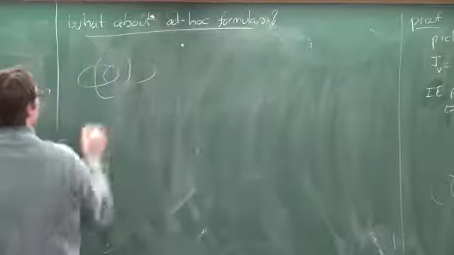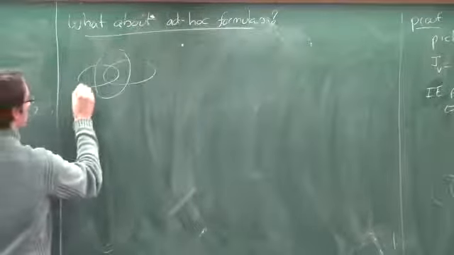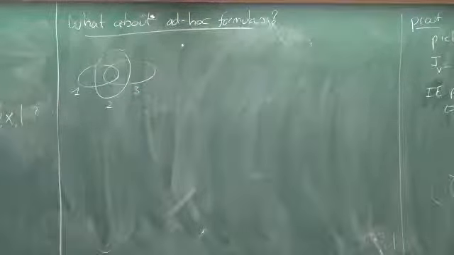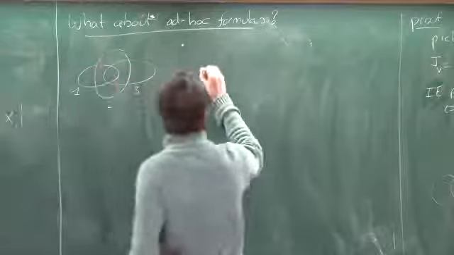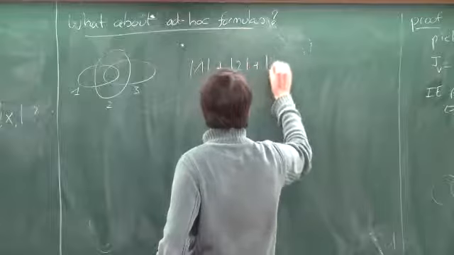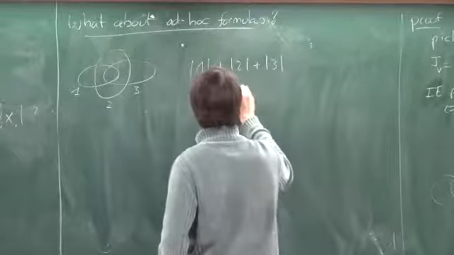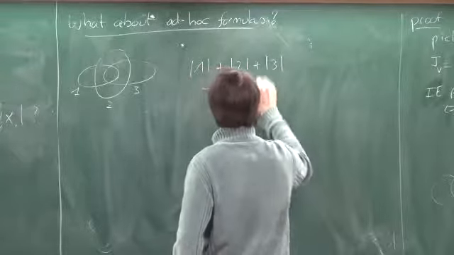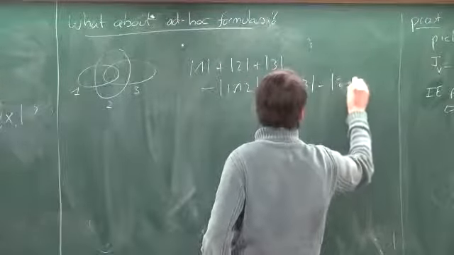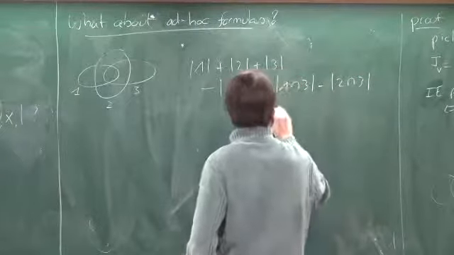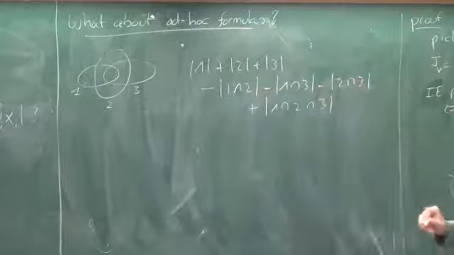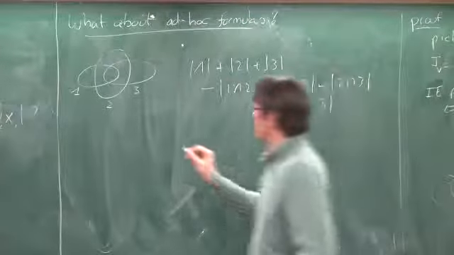let's consider this set system. I have sets 1, 2, and 3. And if I look at the inclusion-exclusion formula, I have essentially 1 plus 2 plus 3 minus 1,2 minus 1,3 minus 2,3 and plus 1,2,3. But now if you look at the intersection of 1 and 3, it's covered by 2.